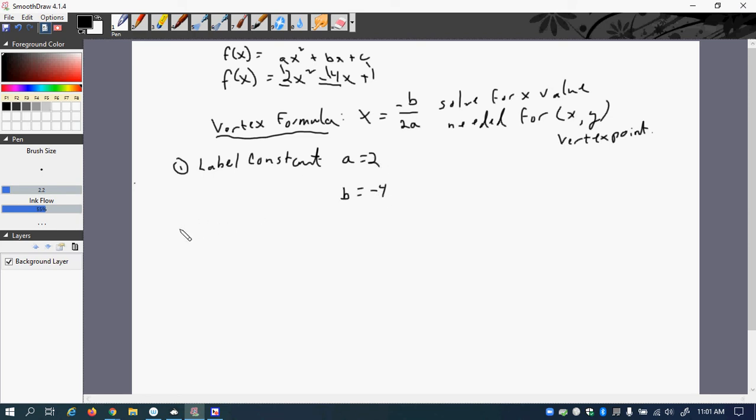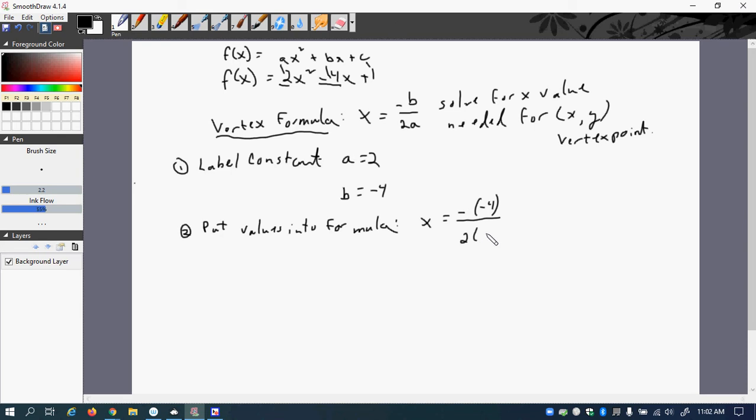So that's our second step, is to put values into the formula. So that's going to be x equal to negative, b happens to be negative 4, so I'll put that in parentheses because I see that that's going to change it to positive.